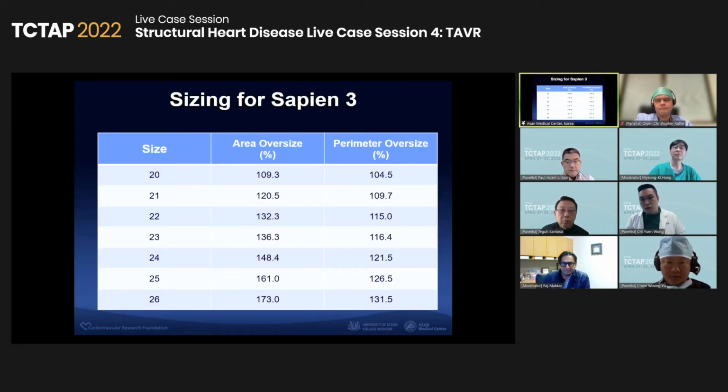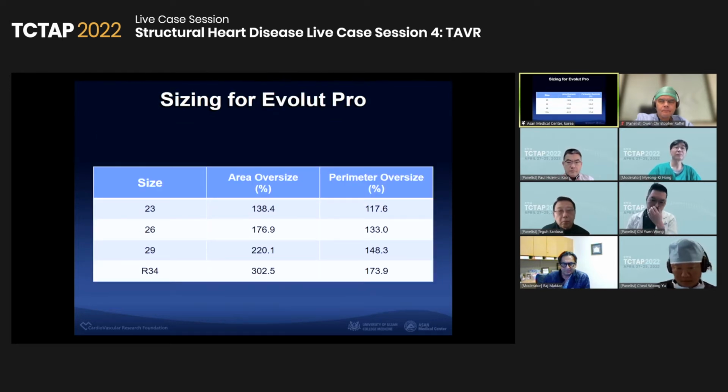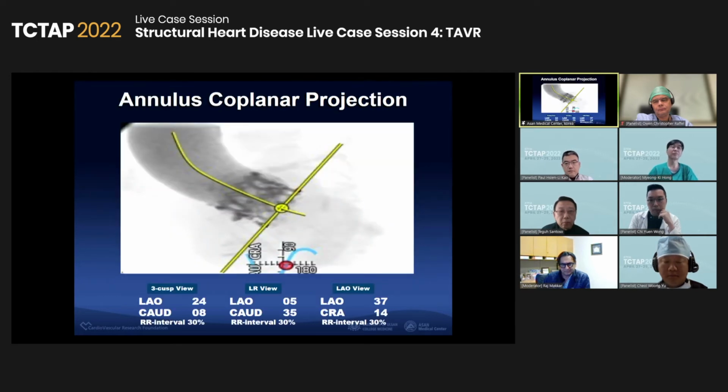This is the sizing chart for the current status of the valve. Because the previous valve size is very small and the lumen area of the aortic valve is so small, we selected the Evolut system to gain a larger transvalvular area.